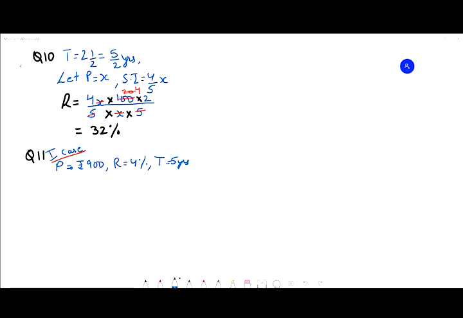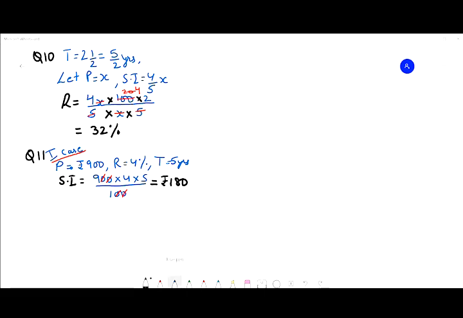Now we have to find out the SI in this case. So SI will be P into R into T. That is 900 into 4 into 5 by 100. It's very easy. Cutting will be only of the zeros. And the answer will be 180.